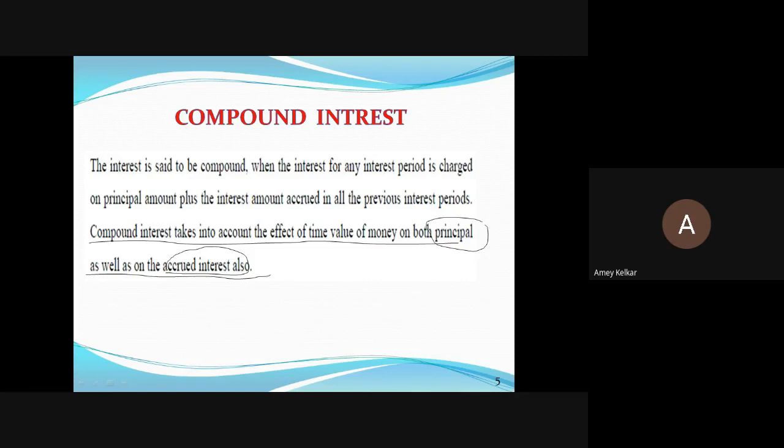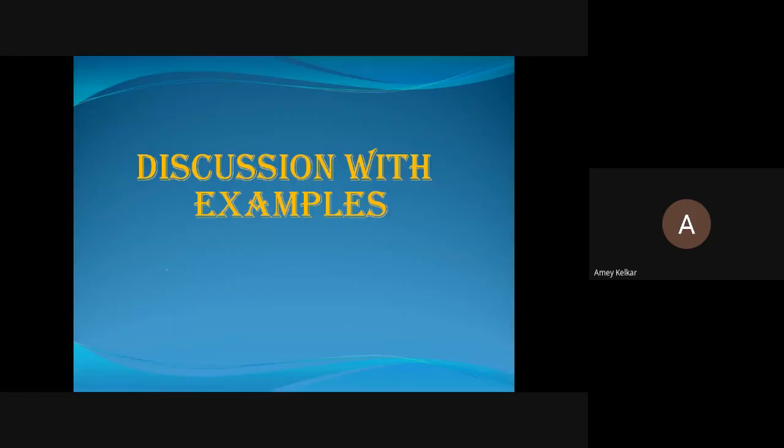So simple interest means just we calculate the interest on the principal amount, as simple as that. Compound interest means we compute the interest on the principal as well as the interest which is there from the previous year. Now, when I take the example for this, the things will become much clear.